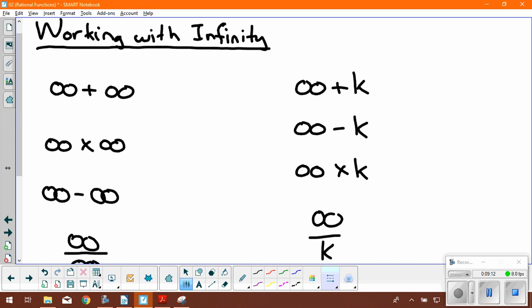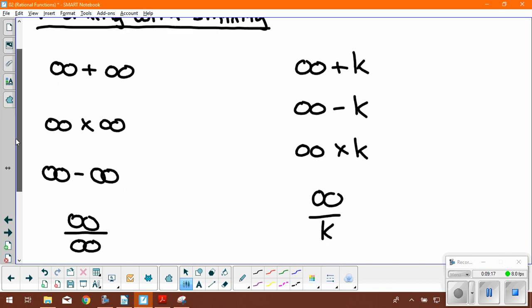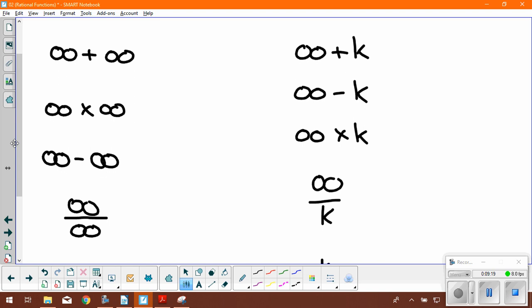Okay, starting with the left-hand column. Okay, if I have infinity plus infinity, so the idea that incredibly huge numbers plus incredibly huge numbers, okay, that's still infinity. It's just very, very big. Okay, same goes for infinity times infinity. Right, an incredibly huge number times another one is still a vastly huge number. Okay, next two are a little weird.